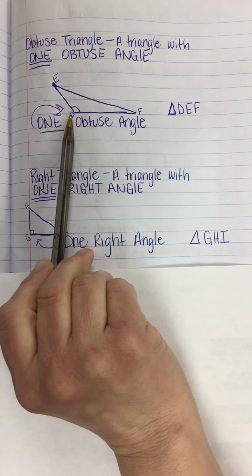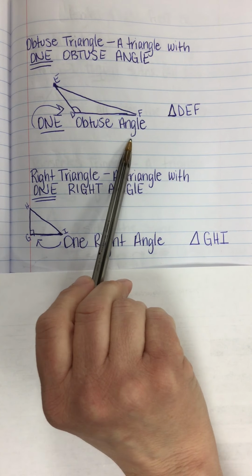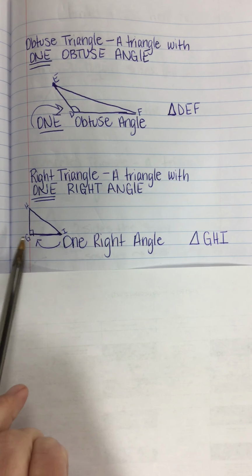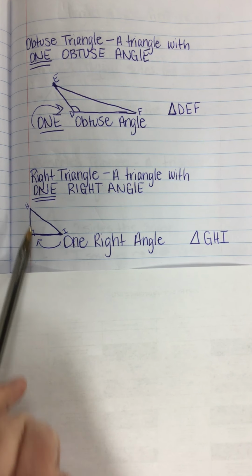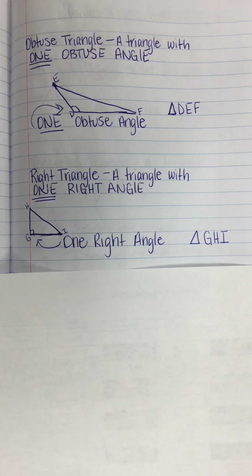If you have 1 obtuse angle and 2 acute, it has to be an obtuse triangle. If you have 1 right angle and 2 acute angles, it has to be a right triangle. So that's the easiest way to classify them.